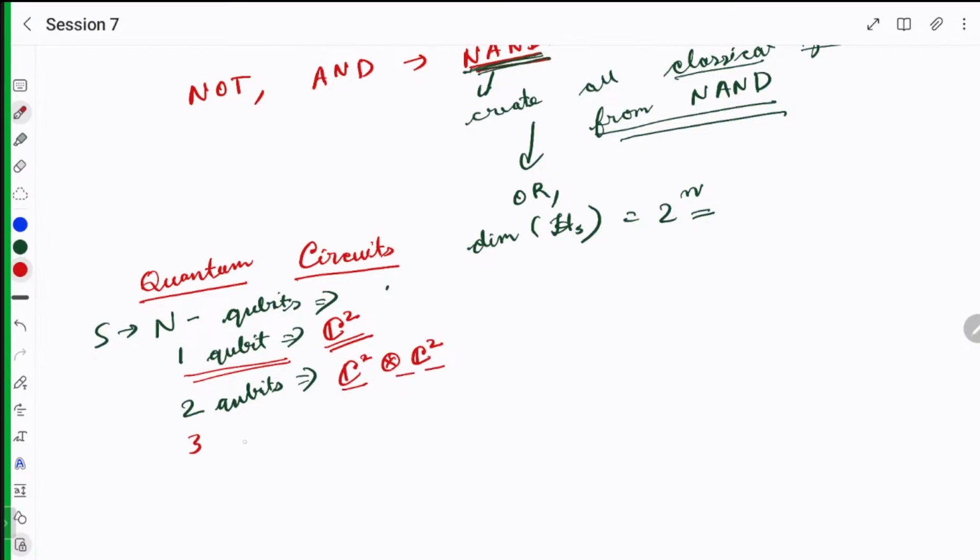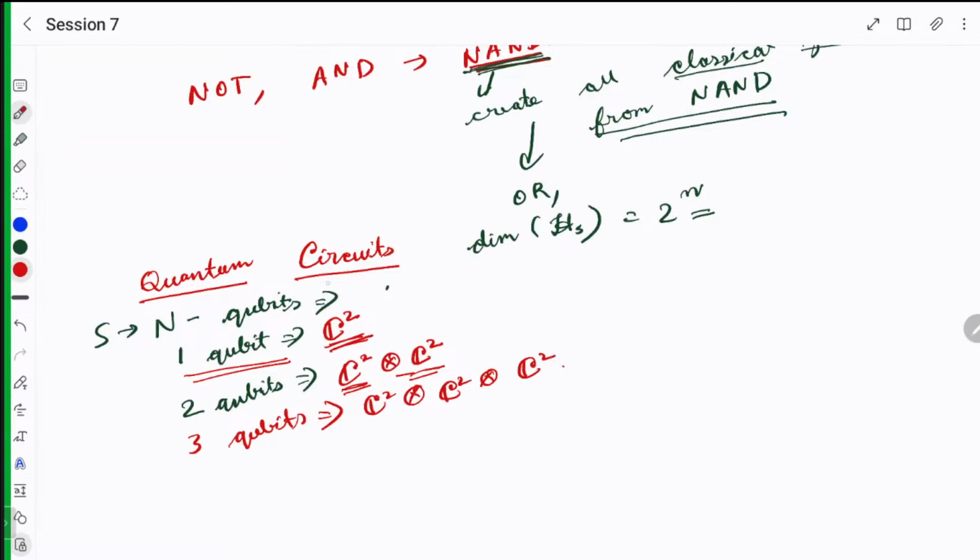So can you think what will be 3 qubits? 1 qubit is C2, 2 qubits is C2 tensor C2. What will be 3 qubits? Anmol says that it should be C3 tensor C3. But is that right? Because C3 corresponds to a qutrit. C2 tensor C2 tensor C2, that's right. So this will be the 3 qubit Hilbert space. Okay.